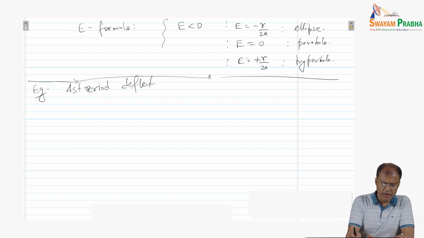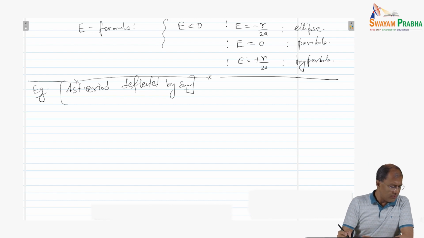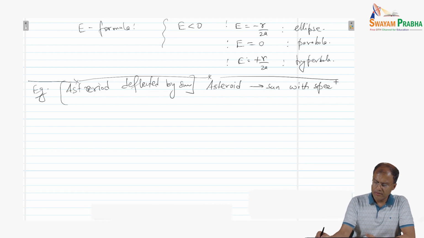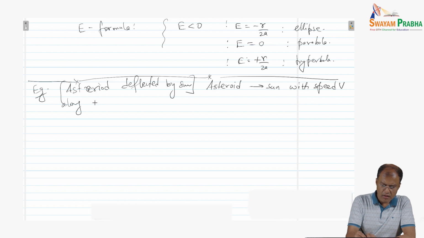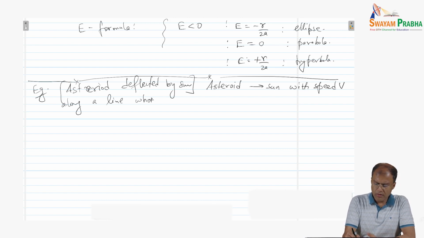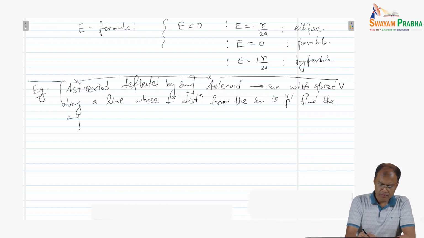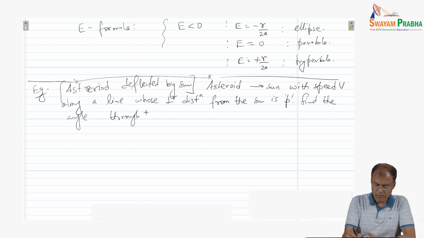We have an asteroid which approaches the sun with speed v along a line whose perpendicular distance from the sun is P, and we need to find the angle through which the asteroid is deflected by the sun.